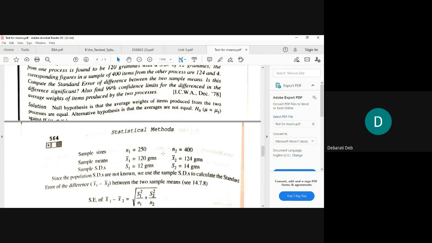And alternative hypothesis is that the averages are not equal.